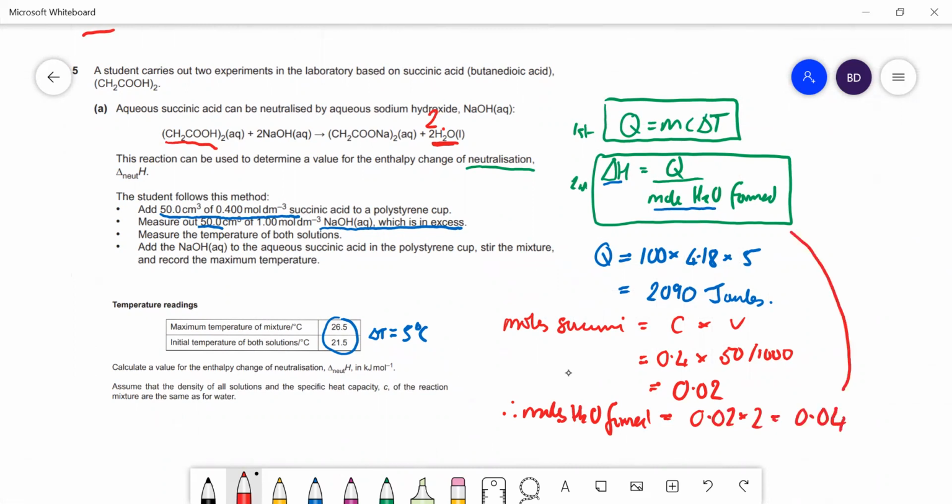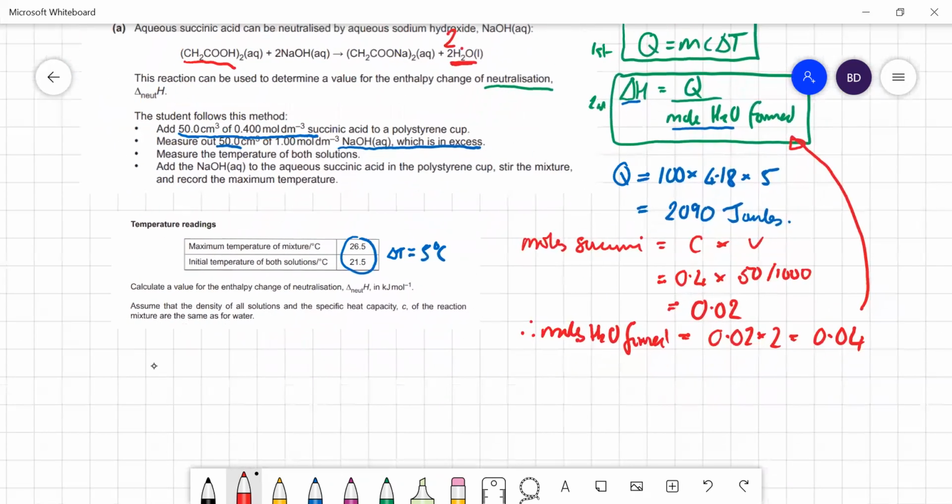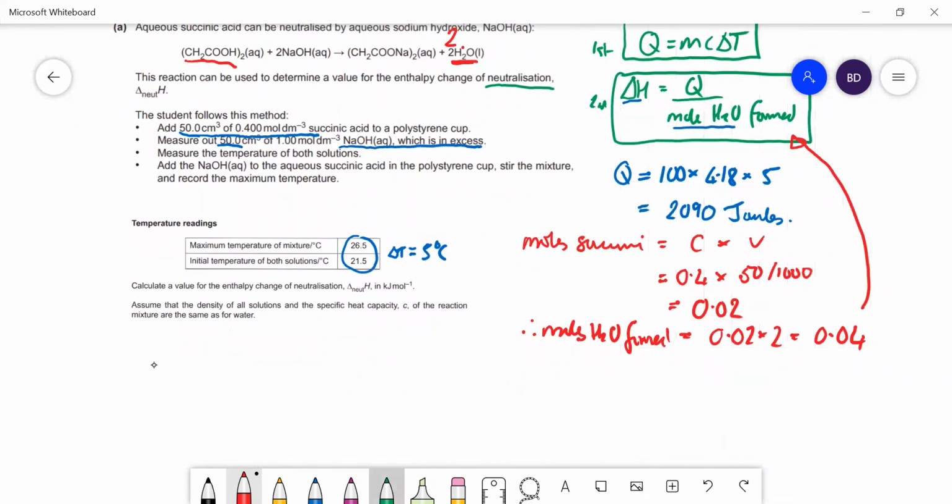So now we've got to put it into this equation. We've got delta H is equal to Q, which was 2090, divided by the number of moles of water formed, which is 0.04. Do that, that gives us an answer of 52,300 joules. So I'm going to convert that into kilojoules.